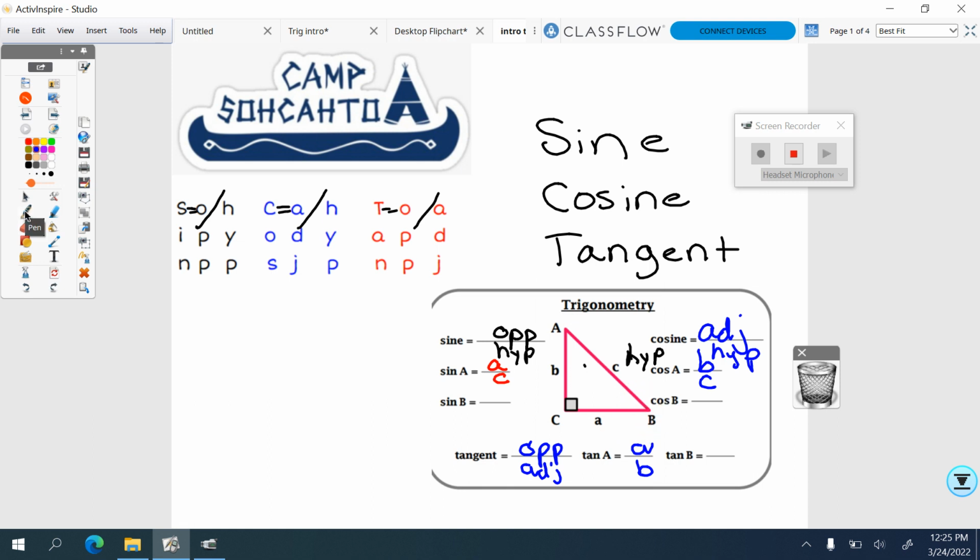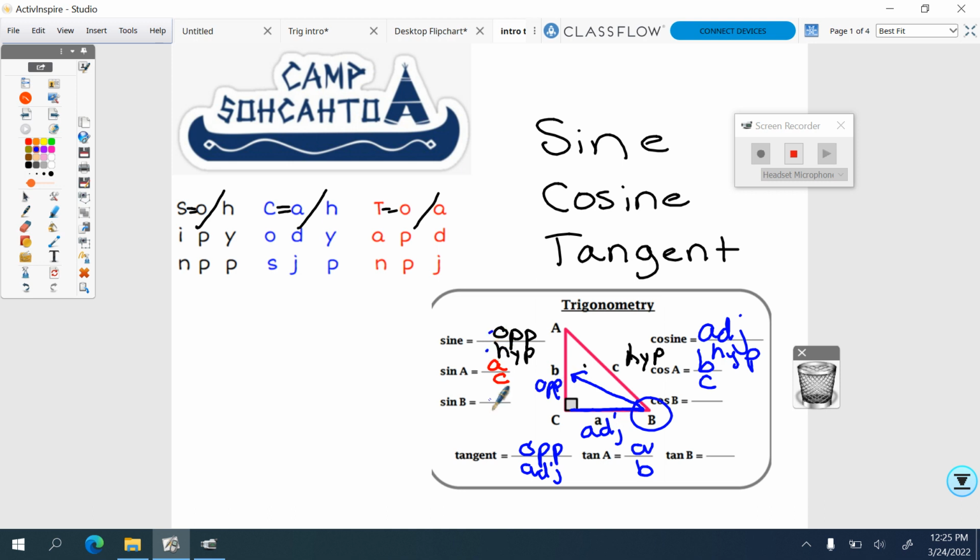Here's letter B. And when I go across the triangle, the side that I touch is B. So that's going to be my opposite. And the side that forms an angle with B is going to be my adjacent. Which means when I do the sine of B, I'm going to do opposite over hypotenuse.